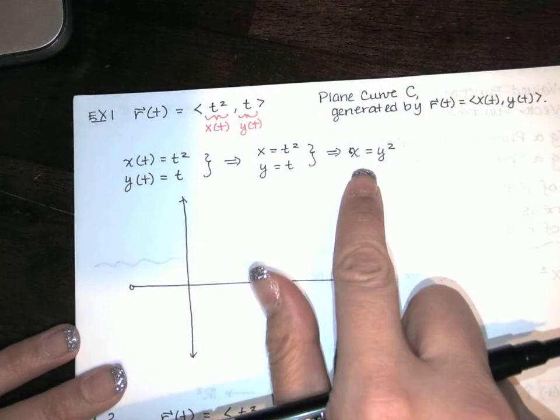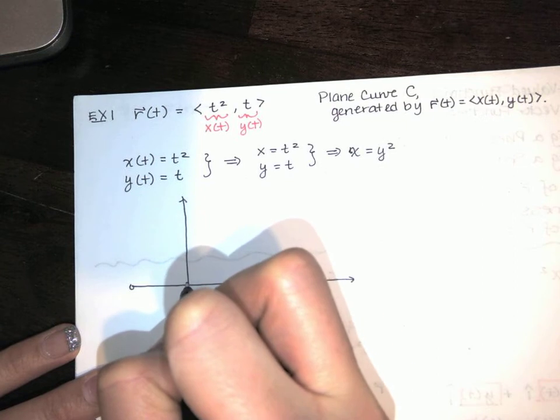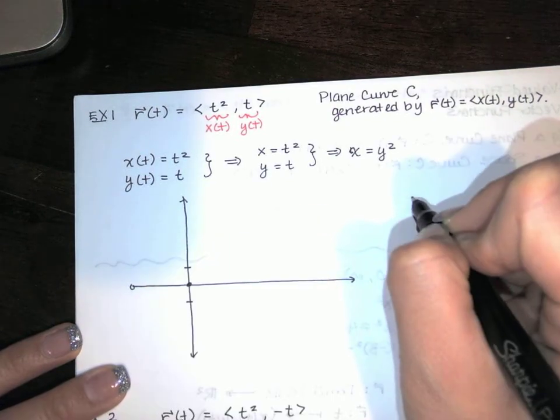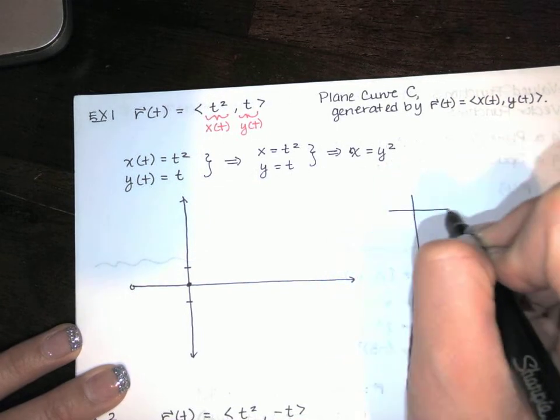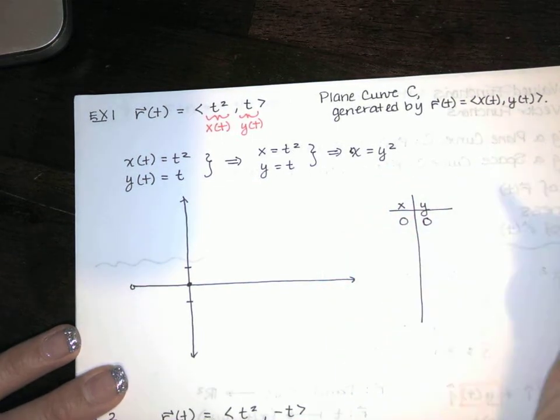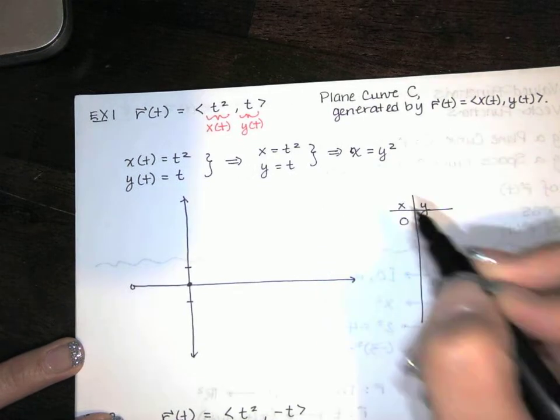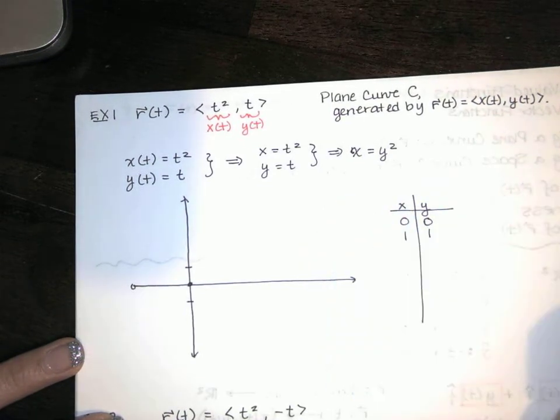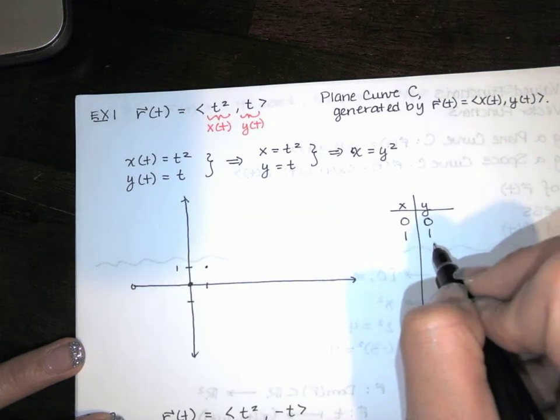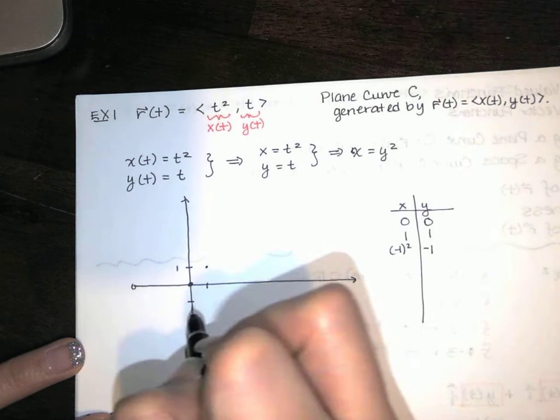So let's just plot some points on x equals y squared. When y equals 0, x equals 0. If you're not sure, you can always make a chart like this. When y equals 1, x equals 1 squared. When y equals -1, x equals -1 squared, which is also 1.